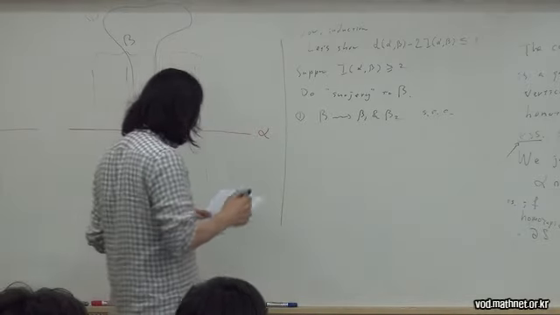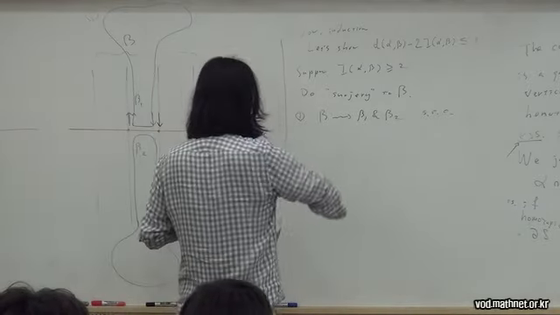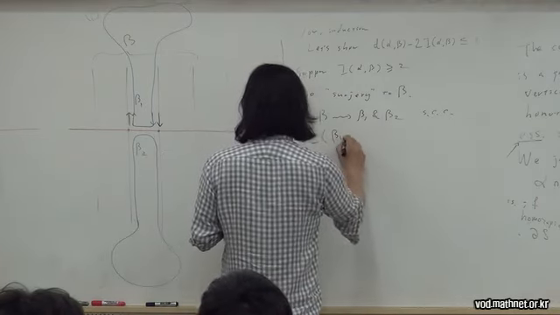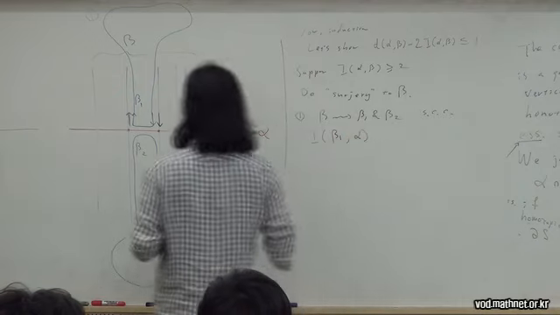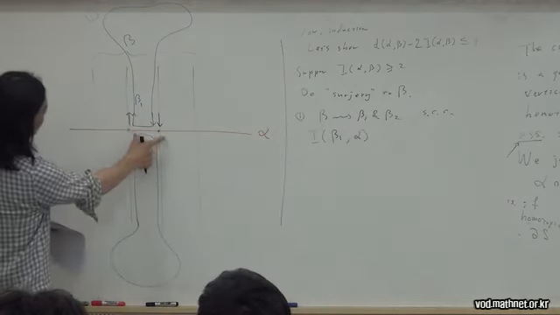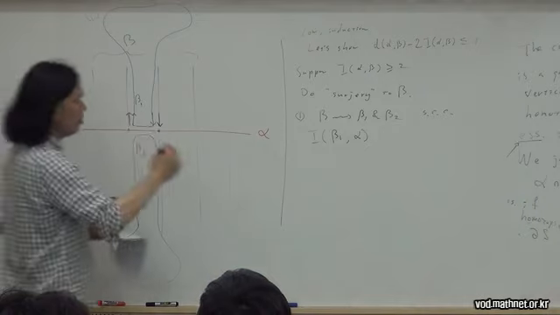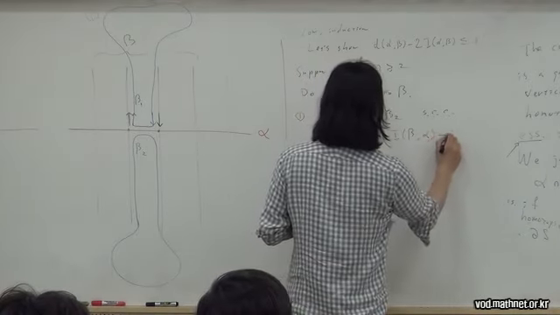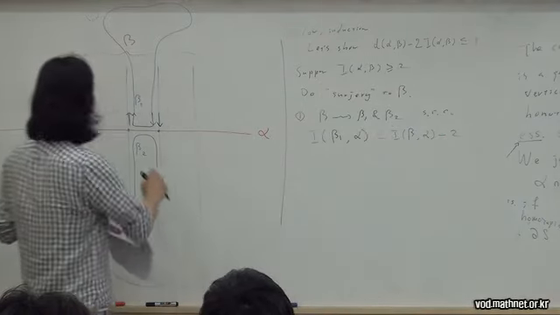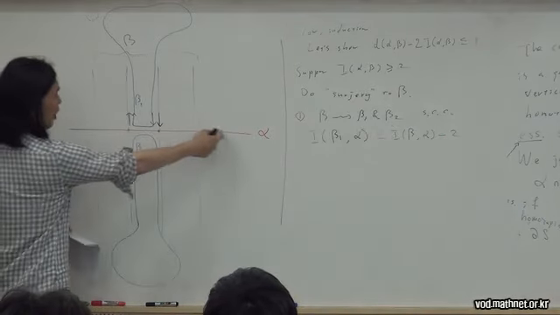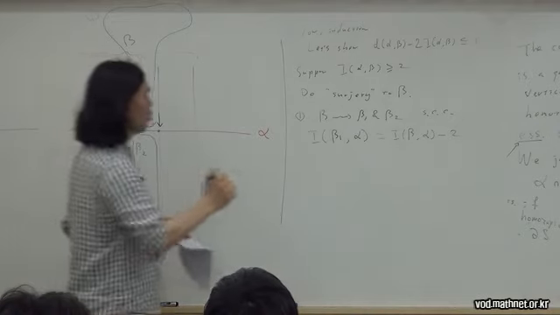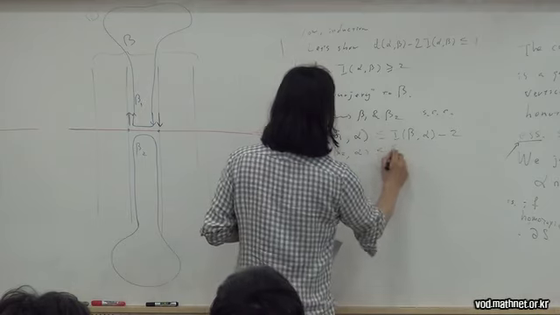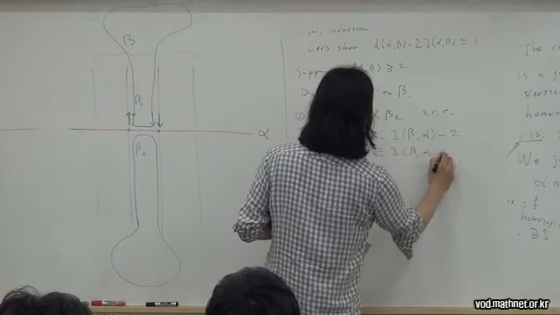Now let's observe the intersection number of beta 1 and alpha. So I lost at least those 2 points. So the intersection number is like this. Okay? I lost those 2 points at least. Maybe I'm picking up those other points. But also the intersection number of beta 2 is also at least 2 less.